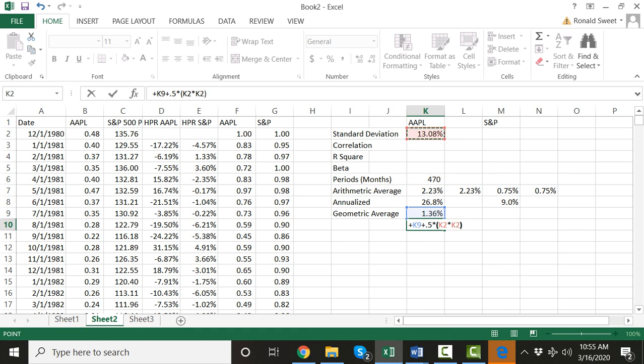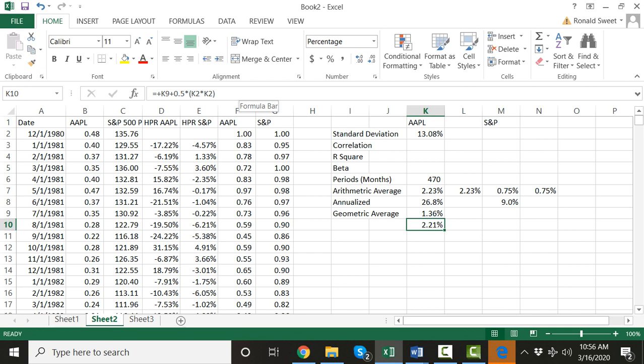And if we look at it, sure enough, very, very close. It's not identical, 221 versus 223, because this formula assumes that Apple's returns are normally distributed, so there's a little bit of positive skewing to their returns, but not much. So that shows us that, yes, it does in fact work.